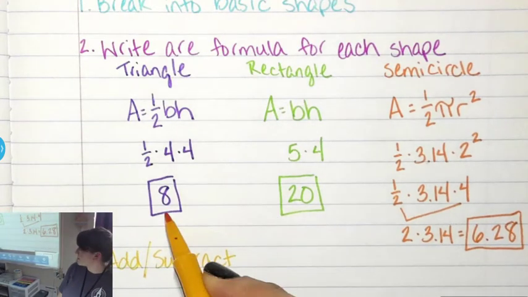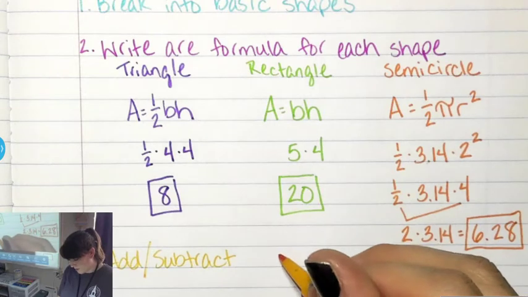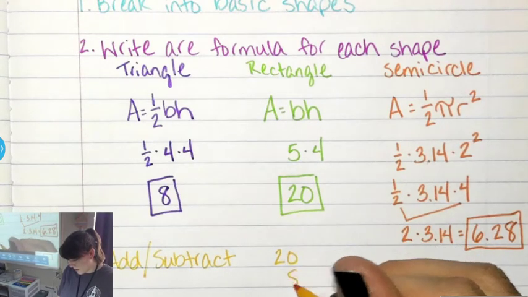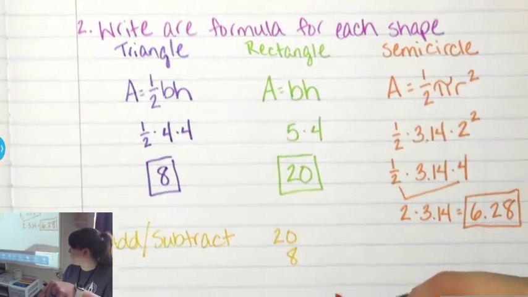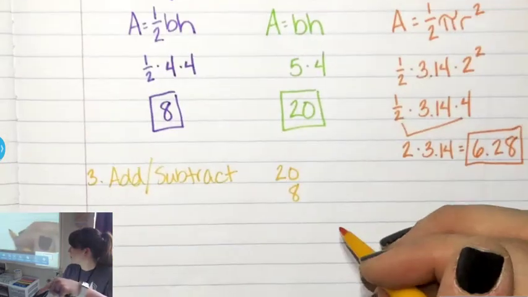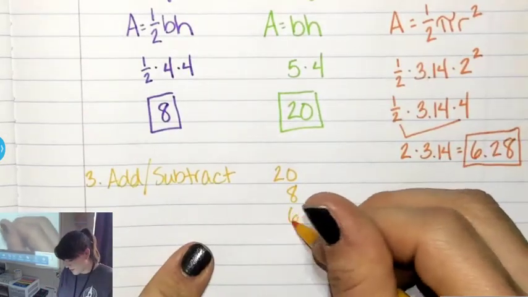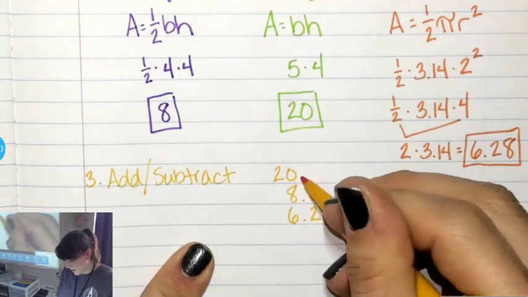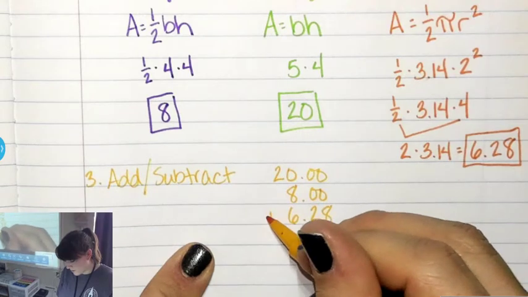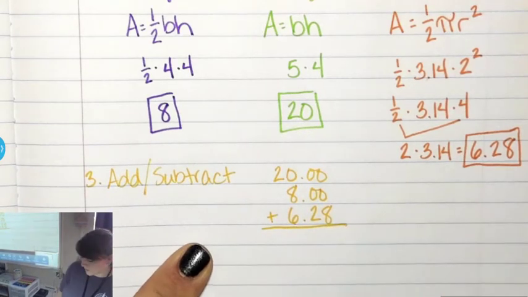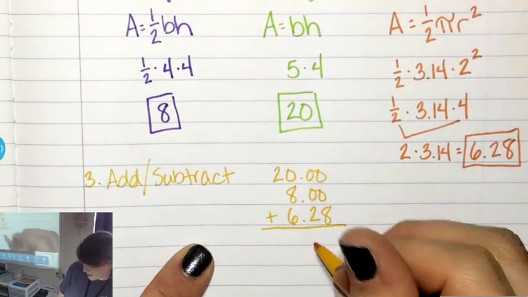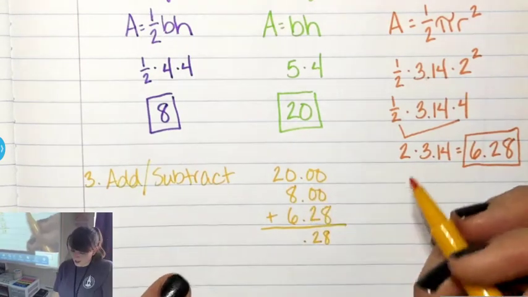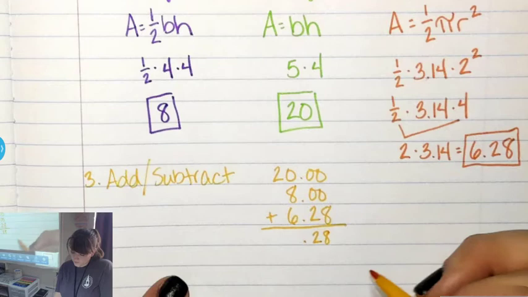So I have 8 plus 20. So I'm going to do 28 and then 6.28. The decimals have to be lined up when you add. So that's 28. 6 plus 8, 14.